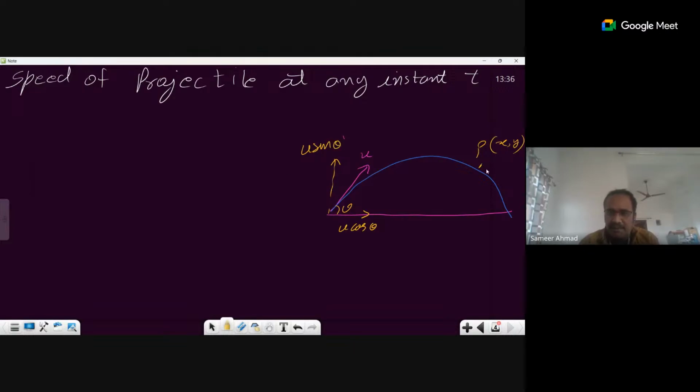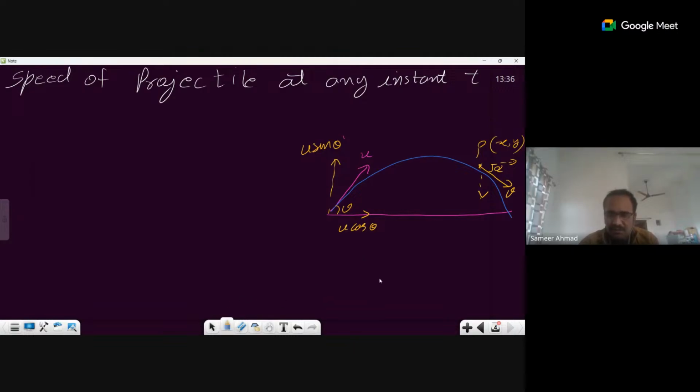Now at point P, if the velocity is v and it makes an angle alpha with the horizontal, then the horizontal component of velocity is v cos alpha, and v cos alpha must be the same as u cos theta.